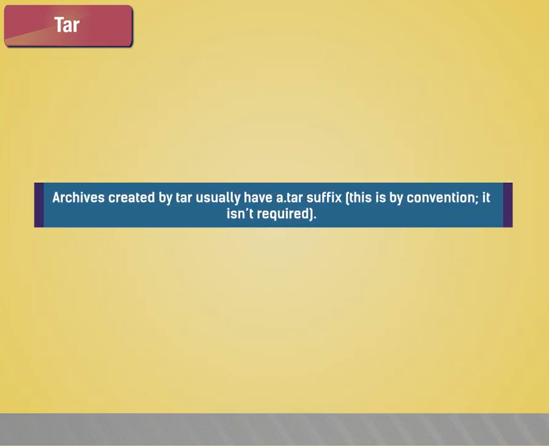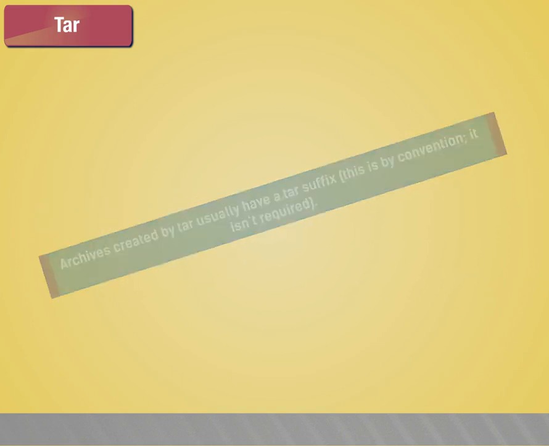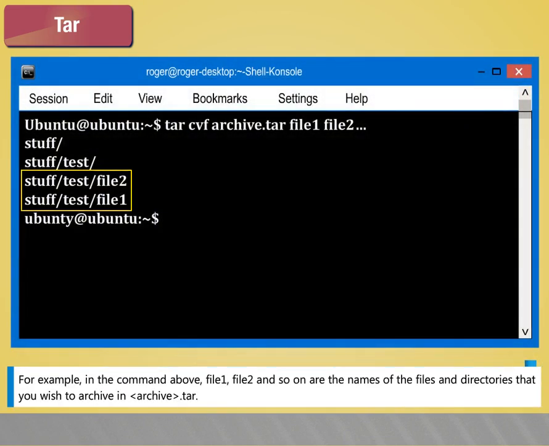Archives created by tar usually have a .tar suffix, by convention; it isn't required. For example, in the command above, file1, file2, and so on are the names of the files and directories that you wish to archive in archive.tar.